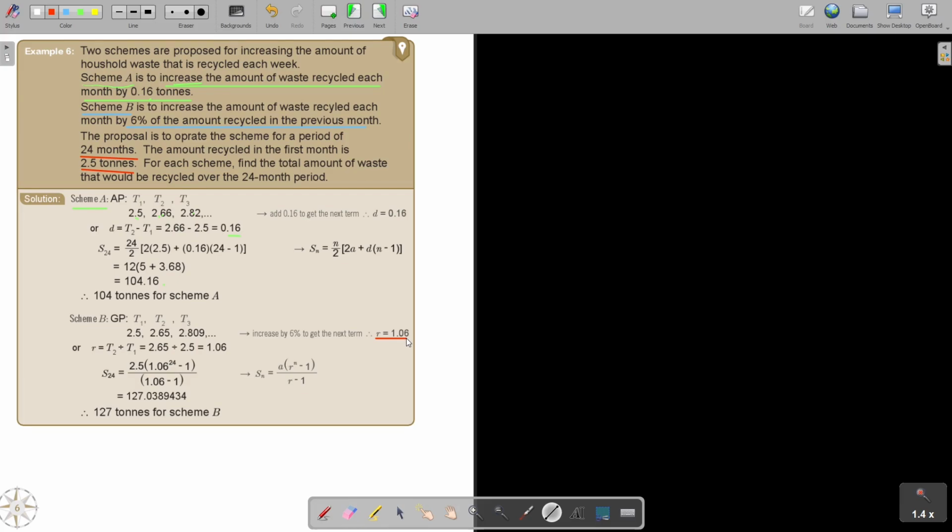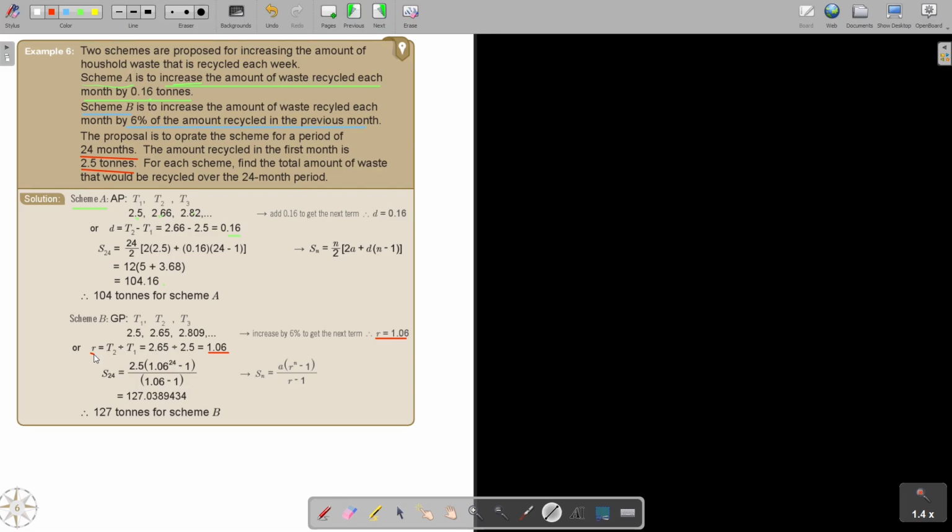If you want to test it, you can say T2 divided by T1, and you get 1.06, which is the value of r. Then you go to S24, and because the value of r is bigger, you put it in front. So 24, you substitute, and it is 127 tons for Scheme B.